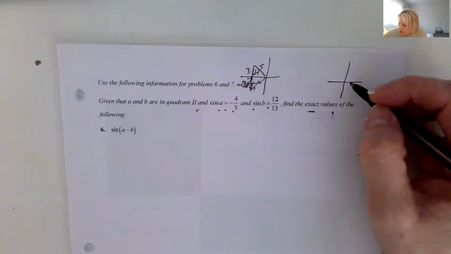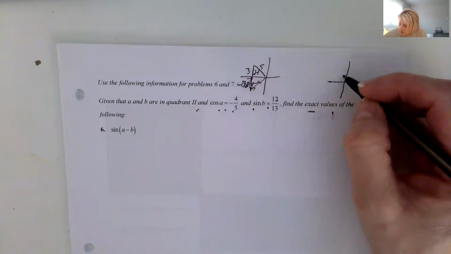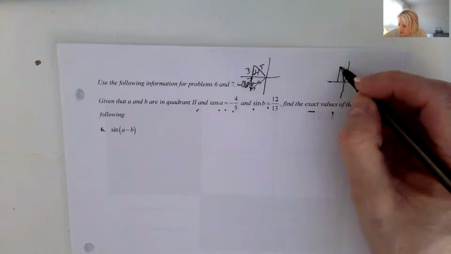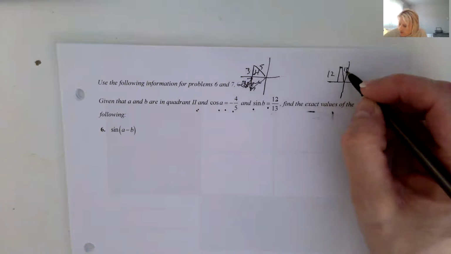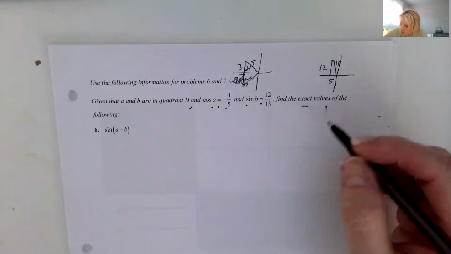And then the other angle is in the second quadrant, and its sine is 12 over 13. So the opposite is 12, and that is 13. And that's another special triangle. That's a 5, 12, 13, if I remember correctly.